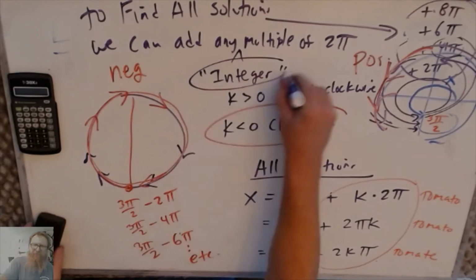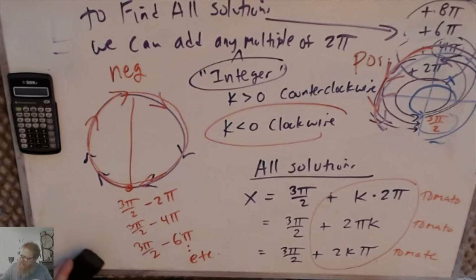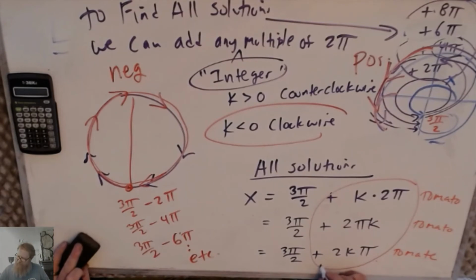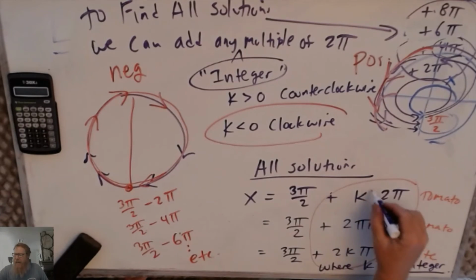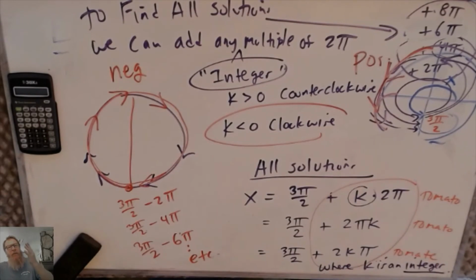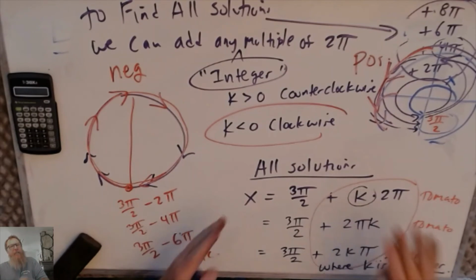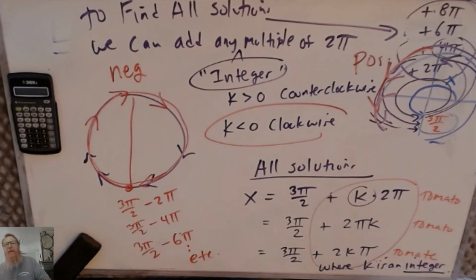And then you have to say where k is an integer. K is going to range from 1, 2, 3, 4, 5, or -1, -2, -3, -4, -5.